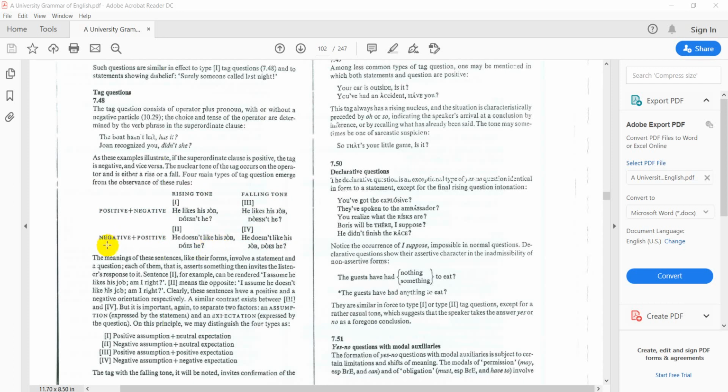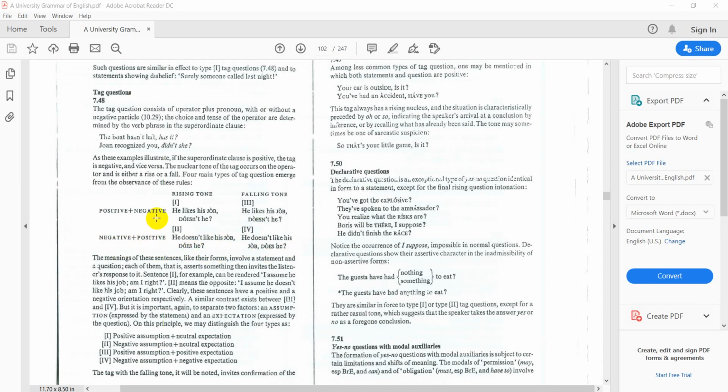And we have a negative subordinate clause plus a positive tag, also with both rising and falling tones.